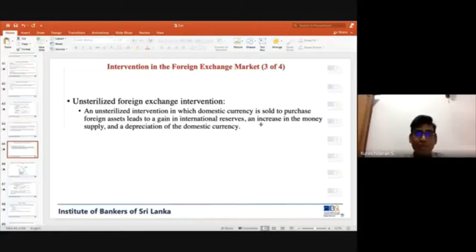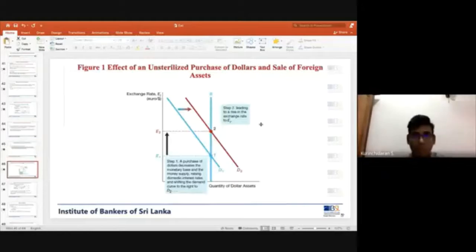So you're going to pump LKR into the market. When you pump LKR into the market, the money supply will increase. So then the domestic currency will depreciate, because you have more supply than demand in the market. Now you can see here what will happen.